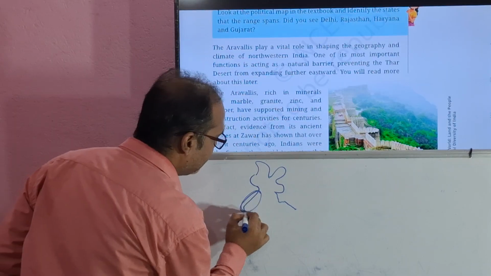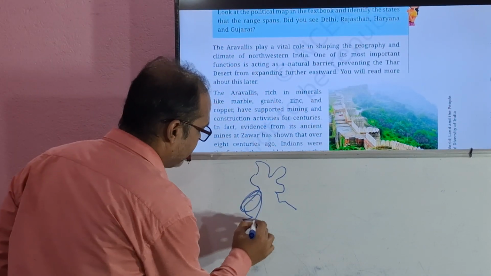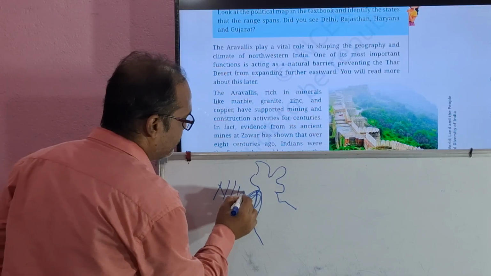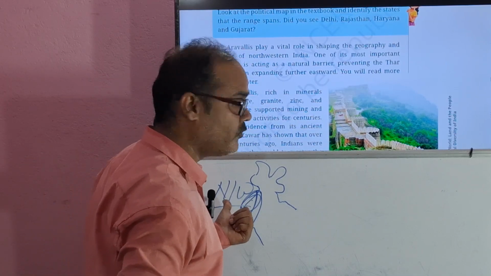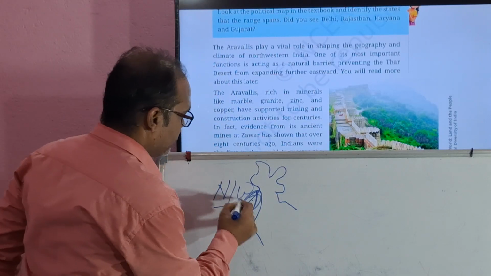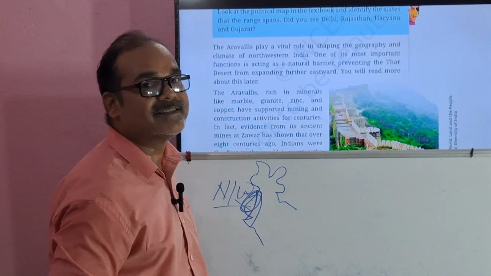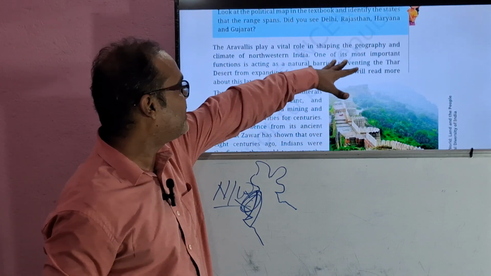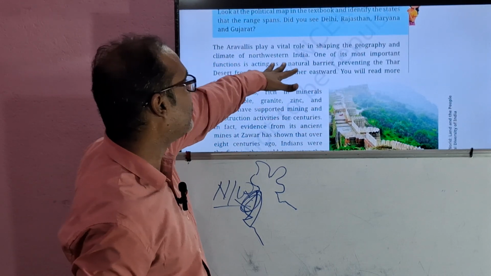So this is the northwestern part. Is that clear? This is the region from where the invaders came, I told you earlier. So the Aravallis play a vital role in shaping the geography and climate of northwestern India.